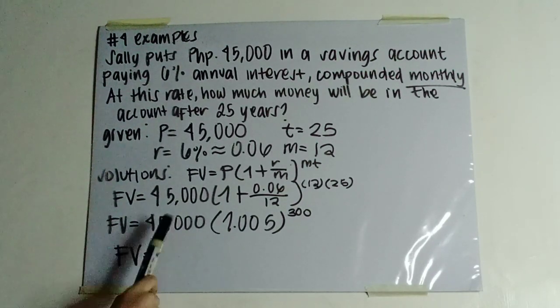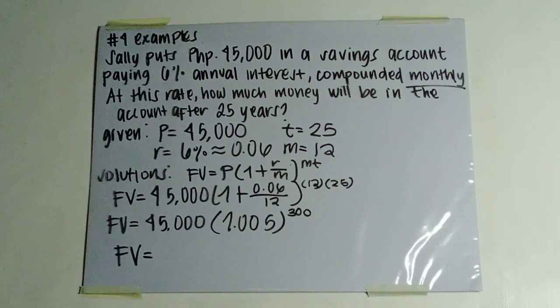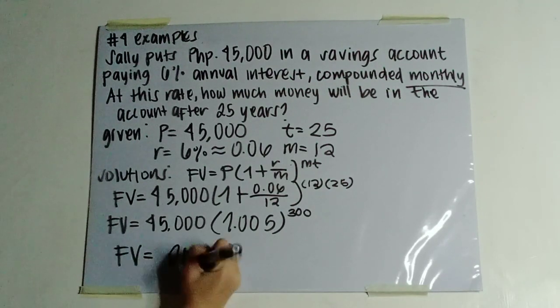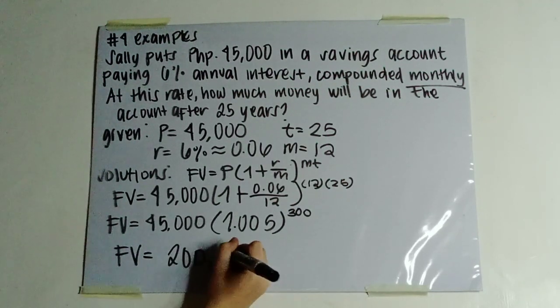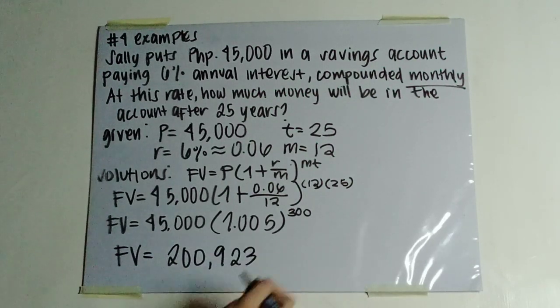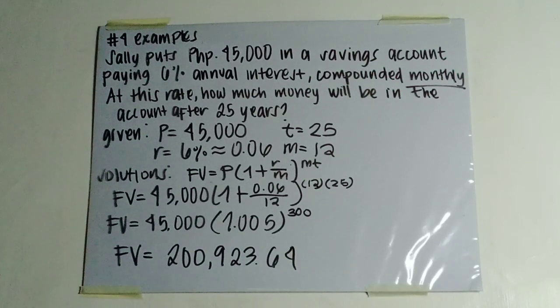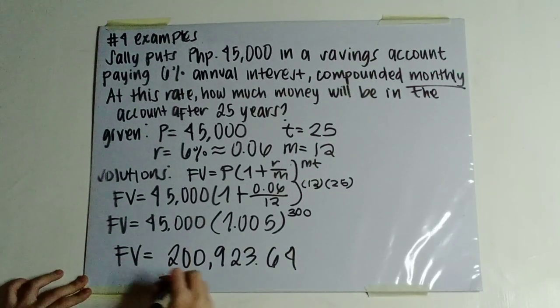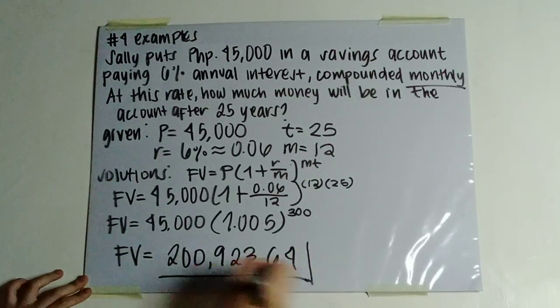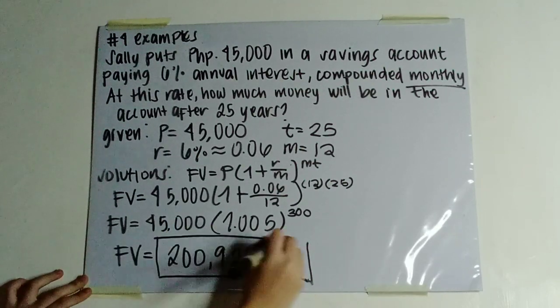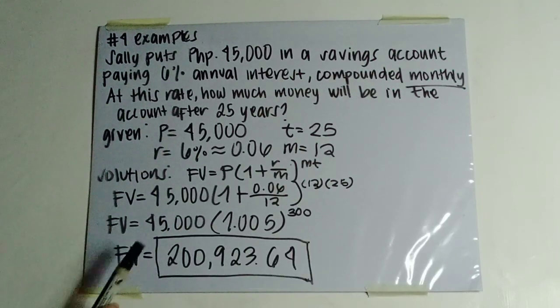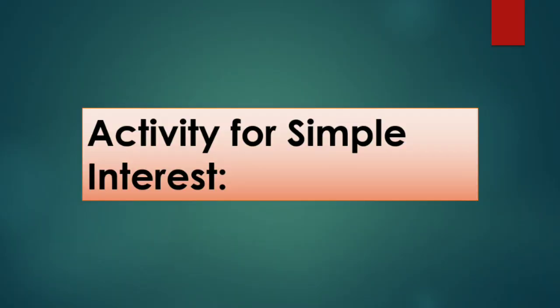Then multiply it all. 45,000 times 1.005 raised to 300 is equal to 200,923.64. So the money in the account after 25 years is 200,923.64 pesos.